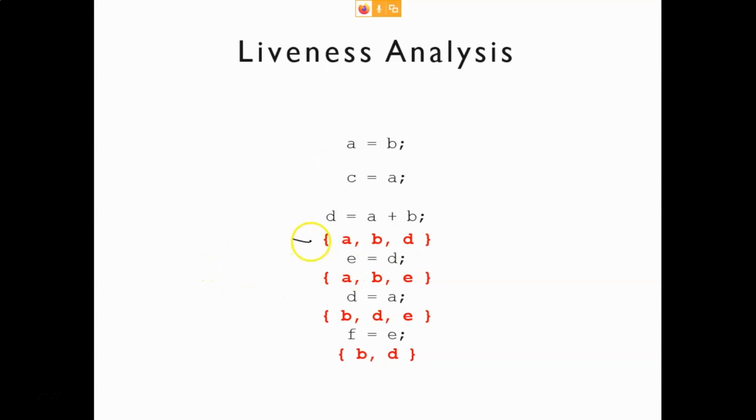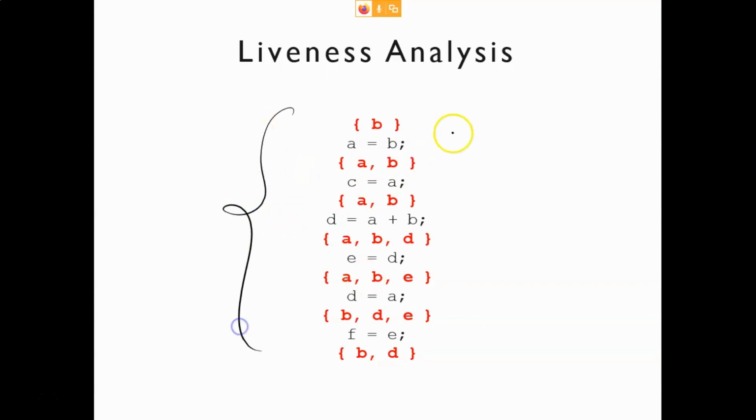Now before this statement you will include a comma b because you are using them, and you will remove d. Now before this you will include a and you will remove c. Now before this statement you will include b and you will remove a. So you can see this is your liveness analysis.